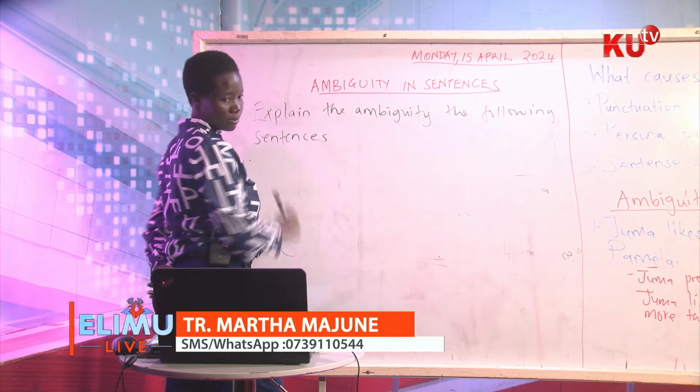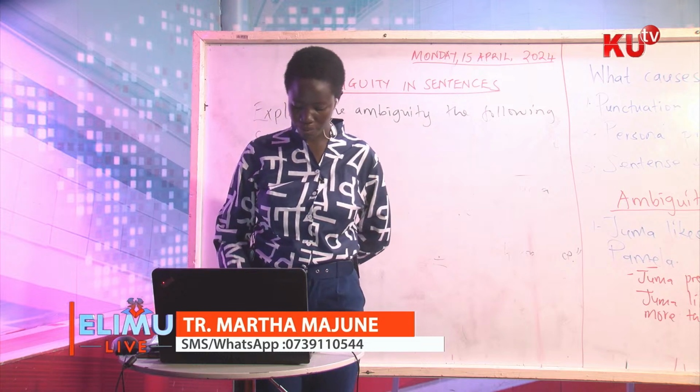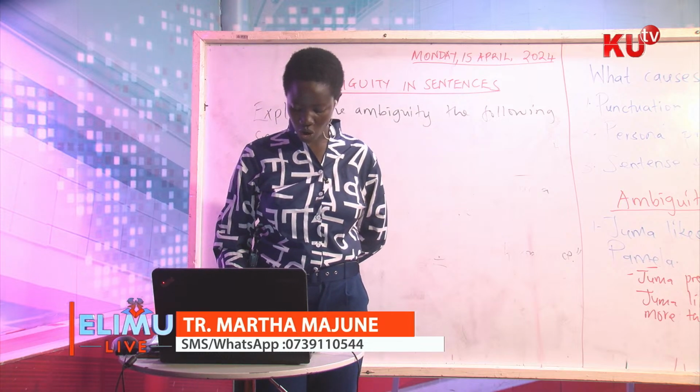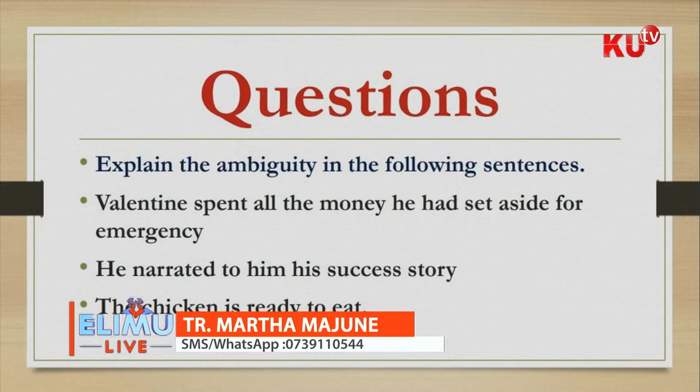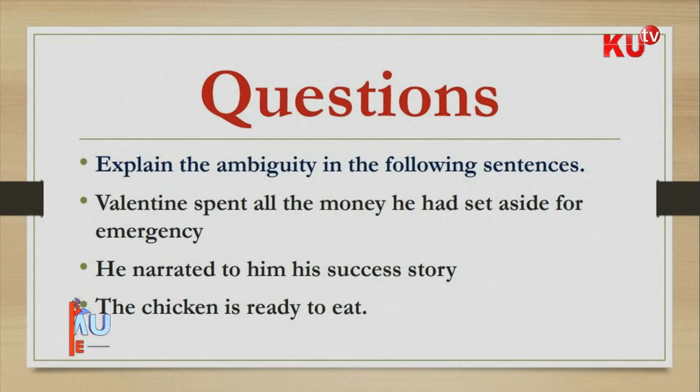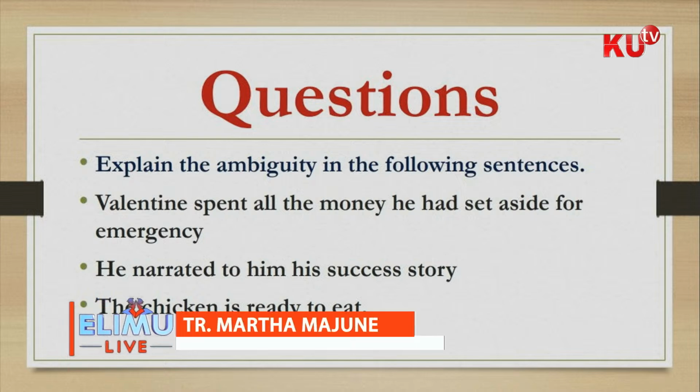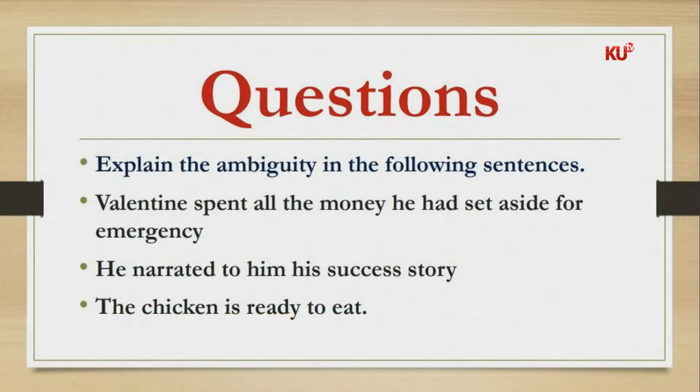The first sentence: Valentine spent all the money he had set aside for emergency. Then the second sentence: he narrated to him his success story. Sorry, there are three questions.